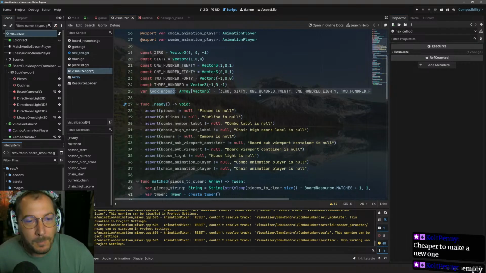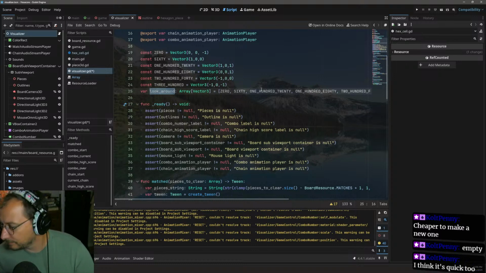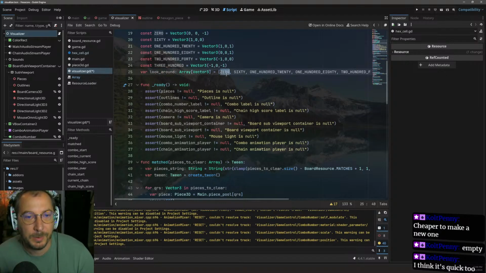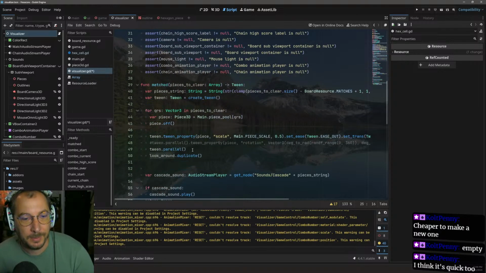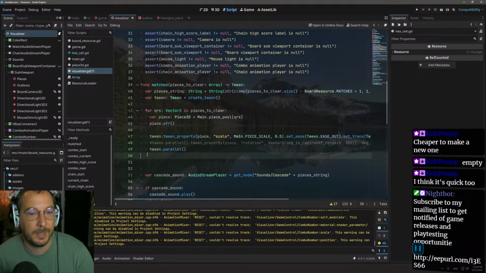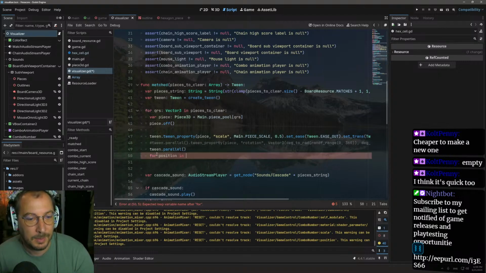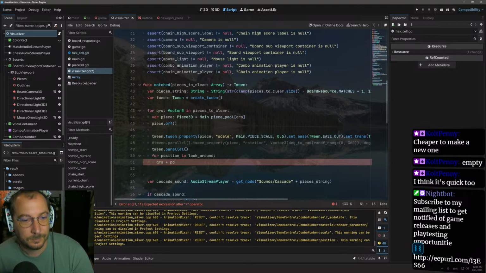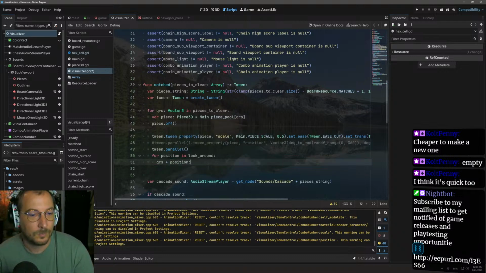But if we're just looping, then we loop on look around. We don't even need the array. Okay, so we're getting there. So for position in look around, we take our QRS plus that position.